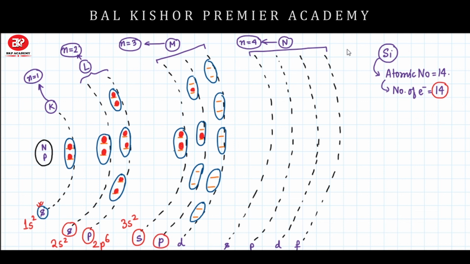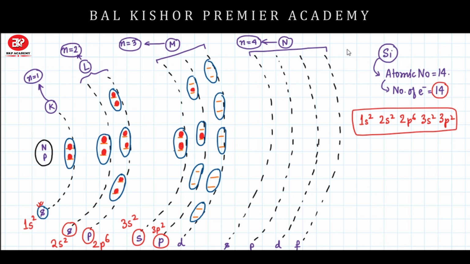For this we can write 3p. So the total electronic configuration looks like this: 1s2, 2s2, 2p6, 3s2, and 3p2. So this is the total electronic configuration. The total electrons are 2 plus 2 is 4, 4 plus 6 is 10, 10 plus 4 equals 14. So this is the total electronic configuration of silicon.